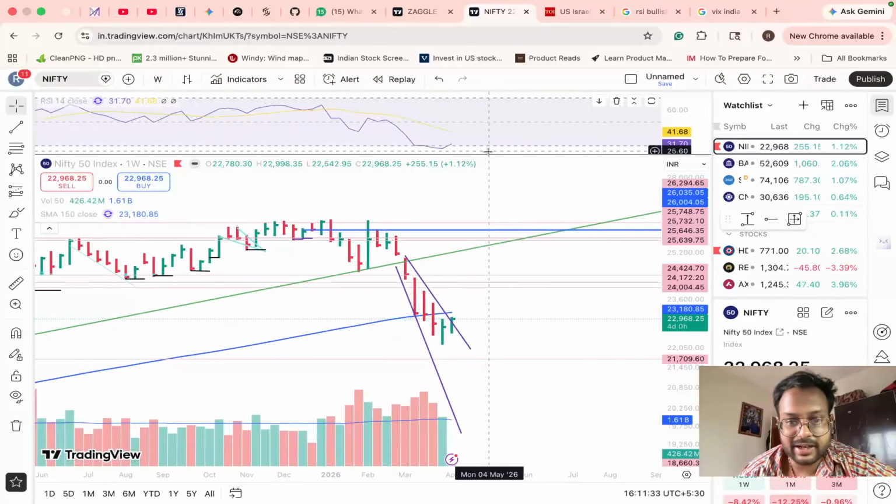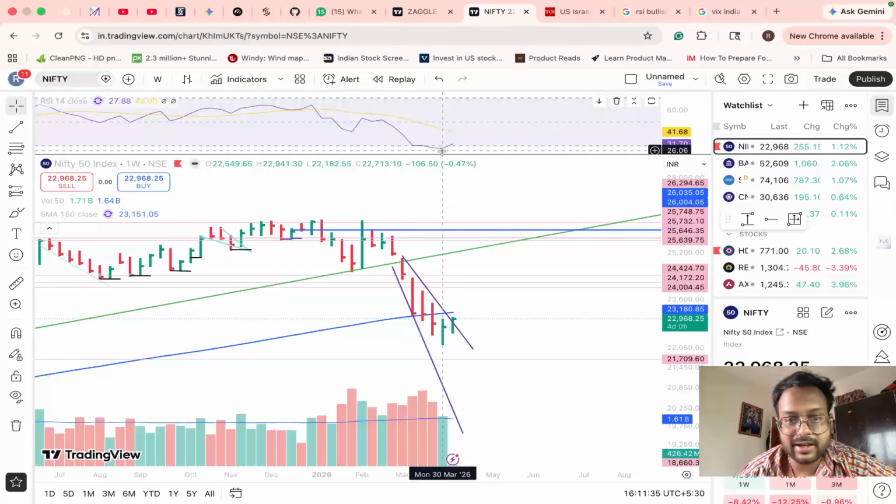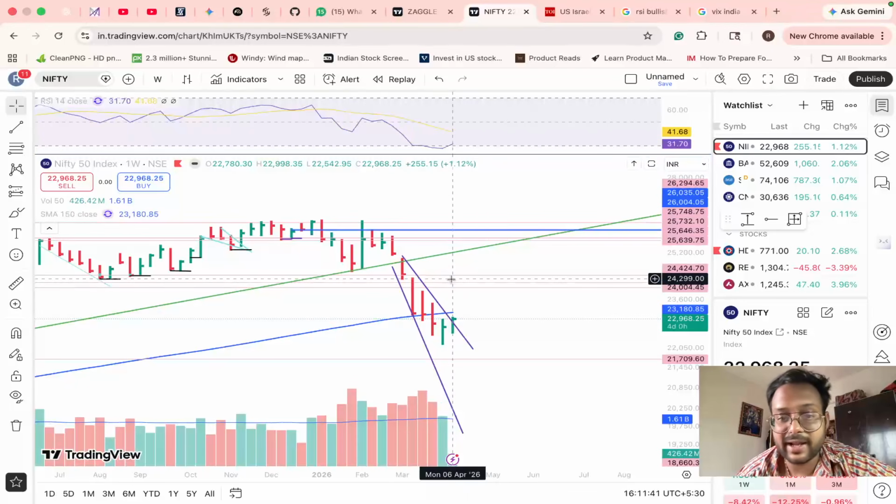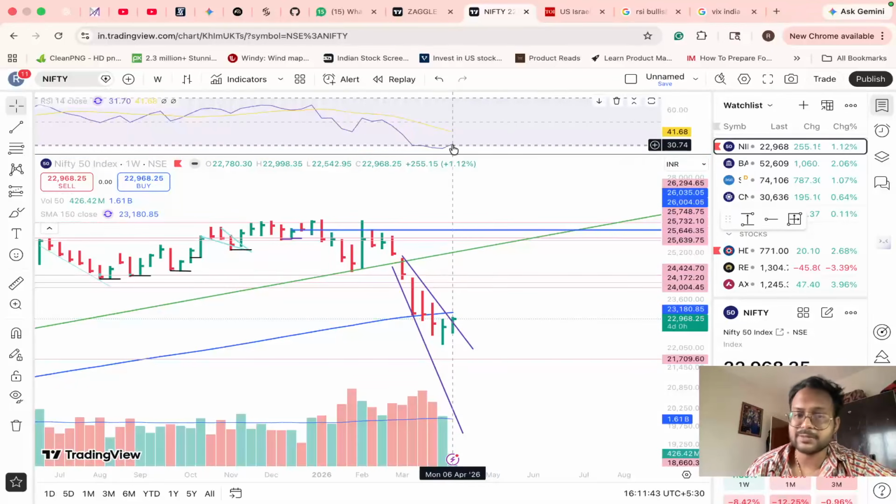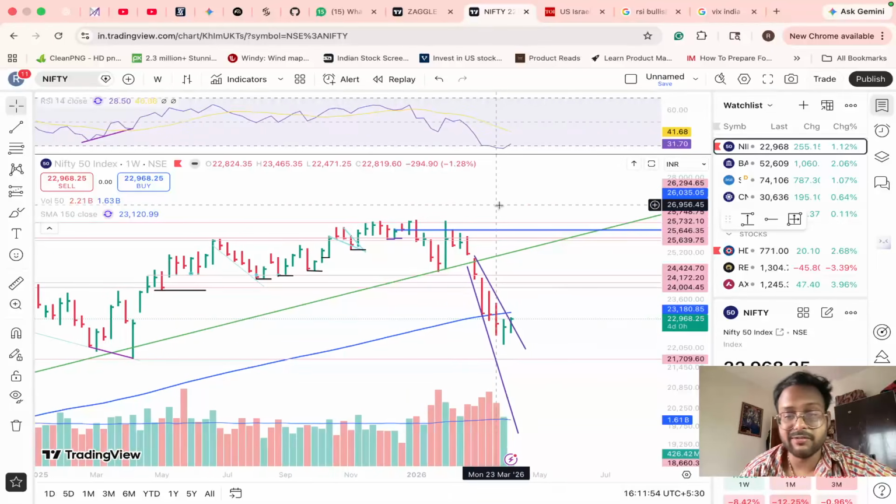Last week the price went down, the RSI also went down with it, right? This week has just been one day of trading. The RSI is moving up, that is a good thing, but till the week ends, we won't get the confirmation of whether there has been an RSI bullish divergence on the weekly level.